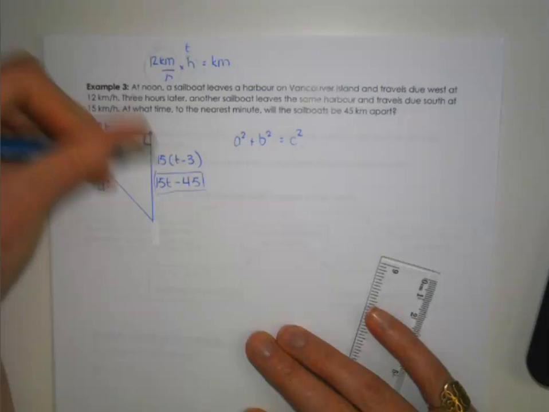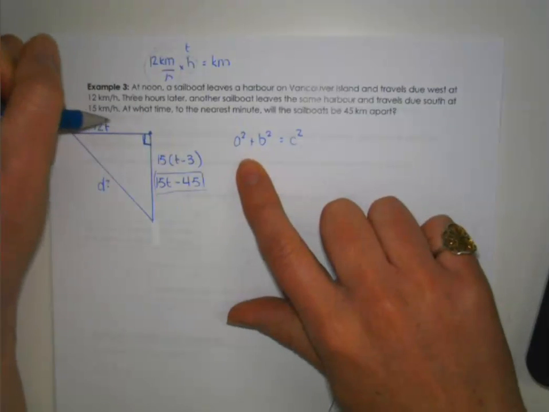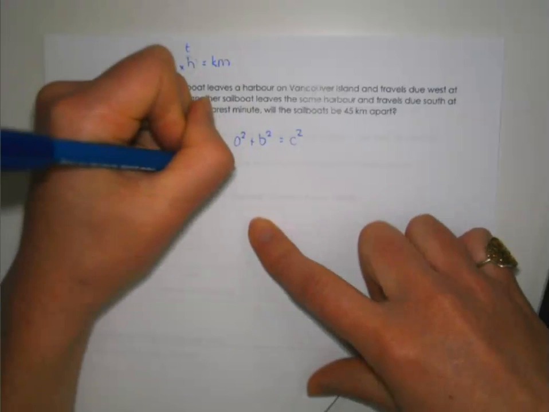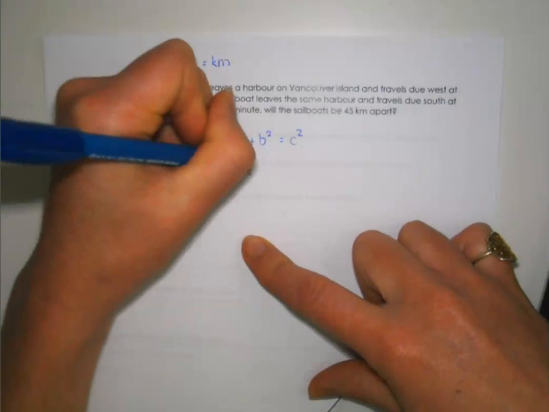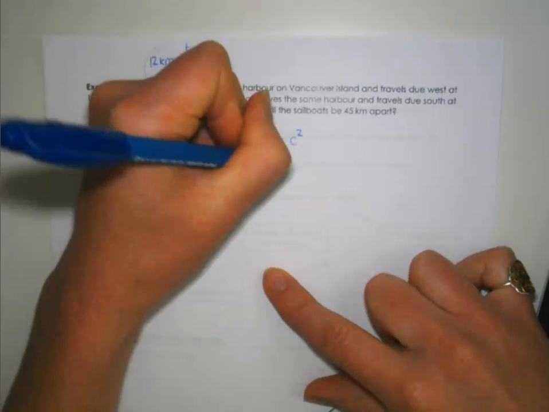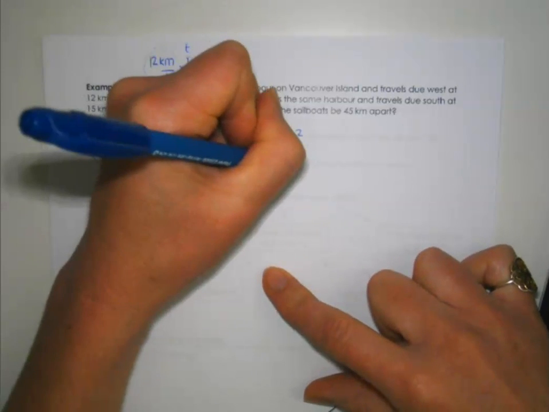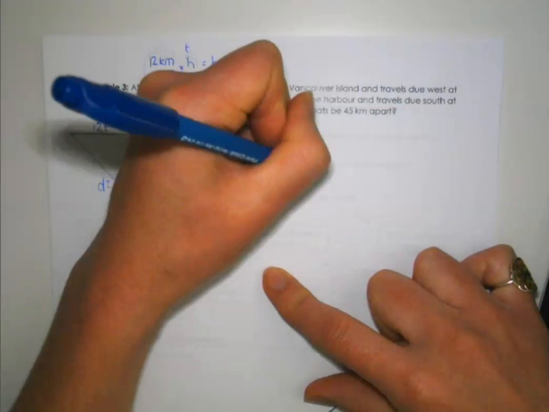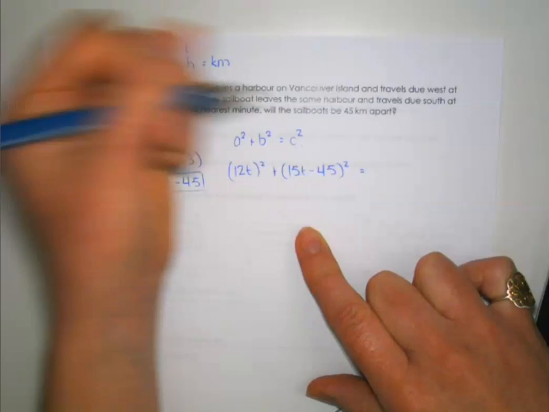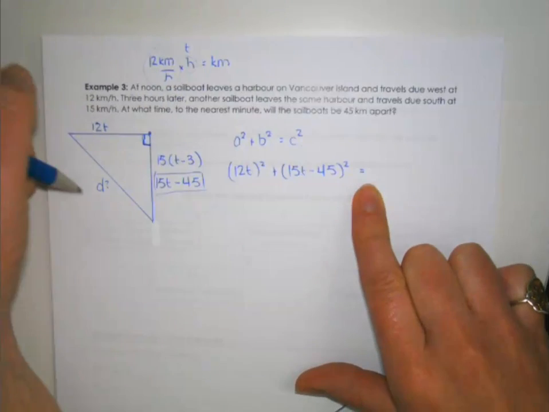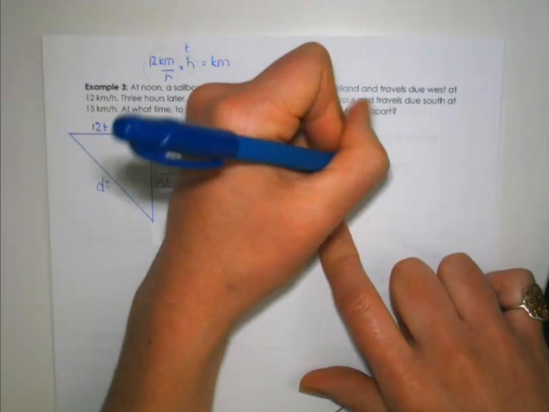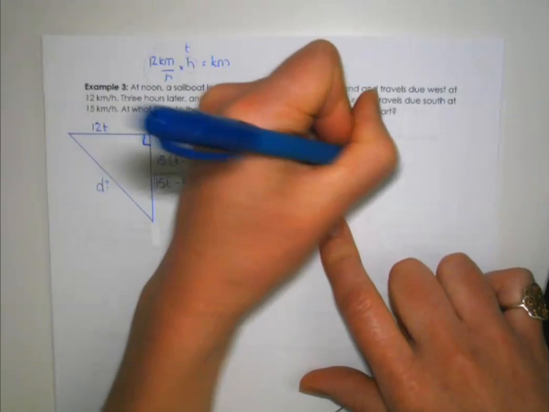We fill in our variables with the terms we have for each side. So side a was 12t, and we want to square that, plus b squared, so 15t minus 45, and that whole expression squared, is going to equal this side here, which we'll call our variable d squared.